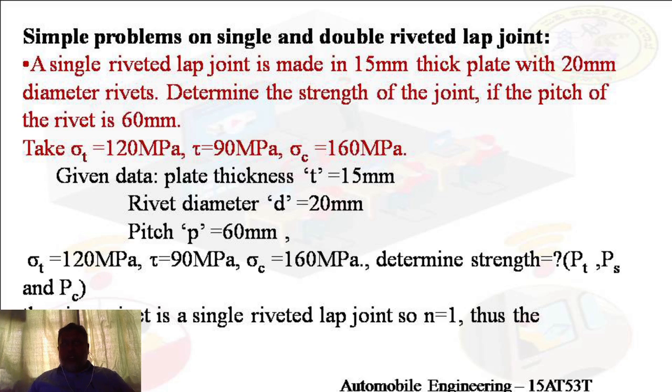Whatever the number of rivets, a lap joint comes under single shear, whereas in a butt joint we have to see whether the cover plates covering the main plates are a single or a double cover.